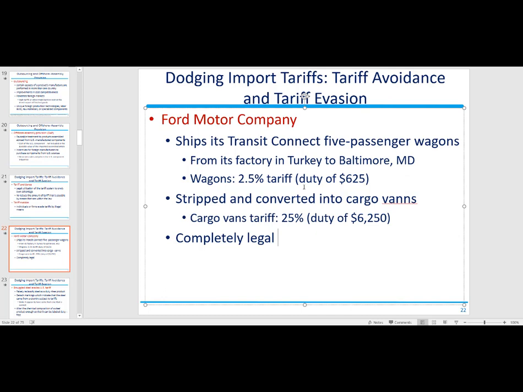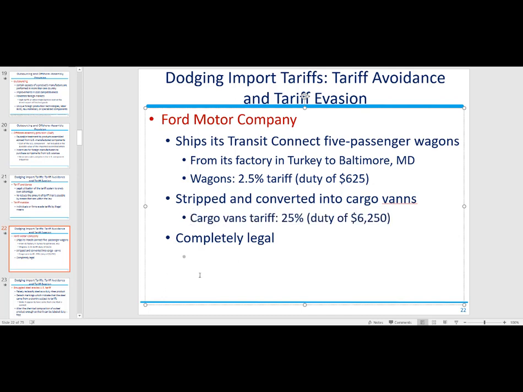Then what they do is to take out the seats, put that wagon as a cargo van and sell it in the domestic market. Even though this may sound fuzzy, it's completely legal because the good that passes the border, the imported good, is a wagon, not a cargo van. Then what you do to the product, it's up to Ford.